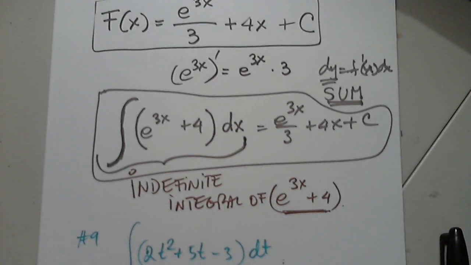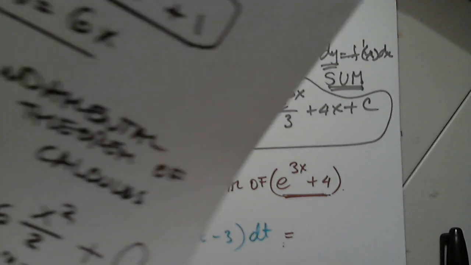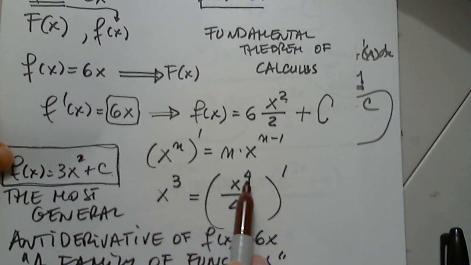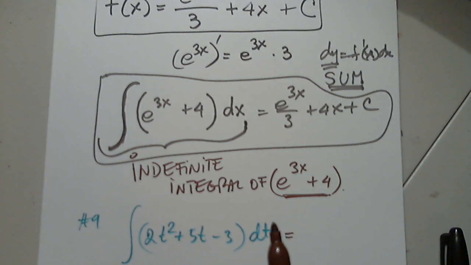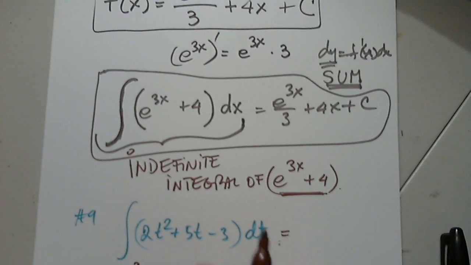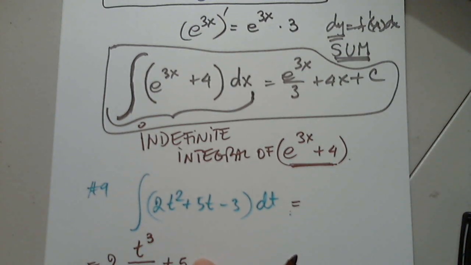Okay, fine. We take it piece by piece. 2 stays outside. Which function prime is t squared? And remember the rule: we increase the power by 1 and we divide by that number. Plus 5. Can anyone help with t? Which function prime is t?